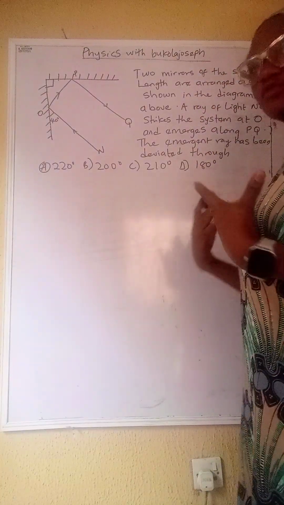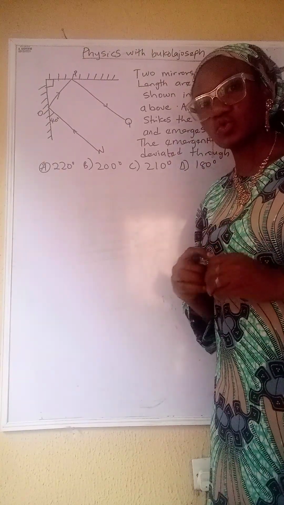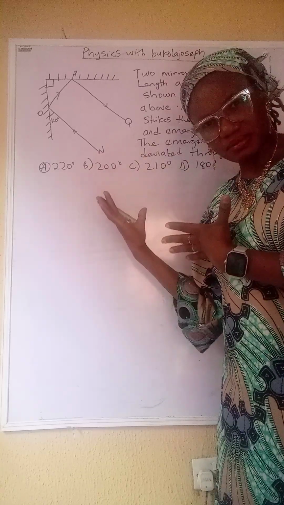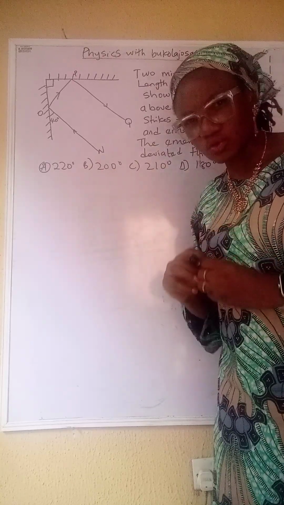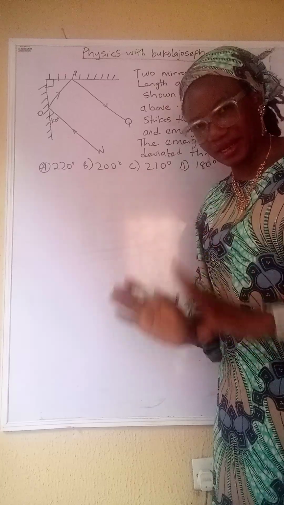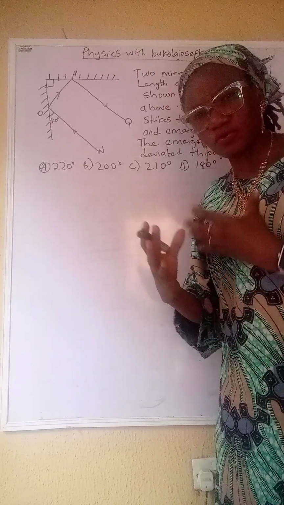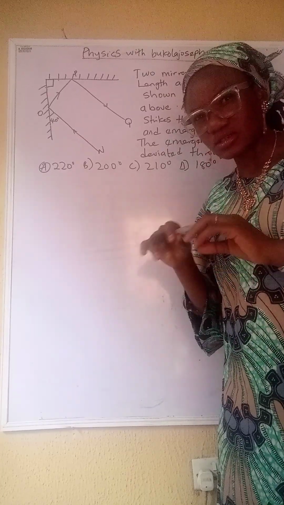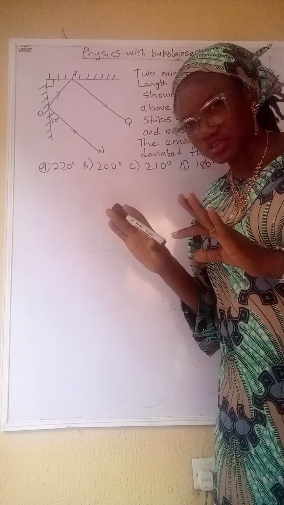Now, for us to solve this problem, we are going to reproduce the diagram and then complete it. But before we do that, let me quickly give you some general knowledge on reflection.